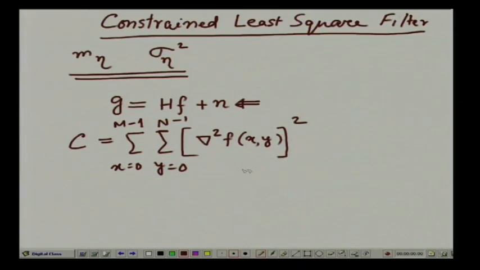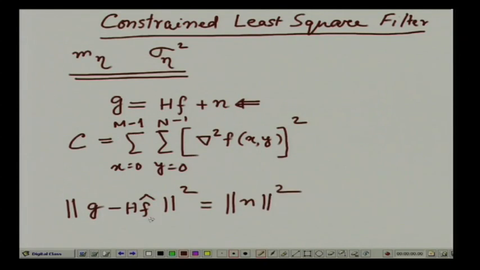Our approach will be to minimize this criteria subject to the constraint that g minus H f hat squared should be equal to n squared, where f hat is the reconstructed image.